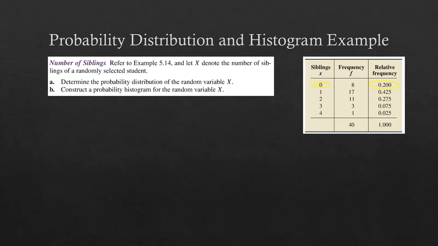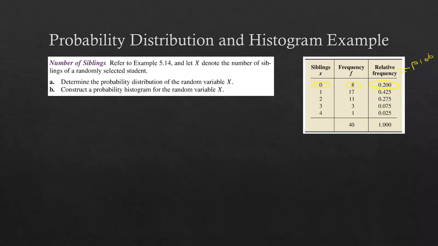Look here, we had 8 outcomes that were 0 divided by the total possible outcomes of 40 gives you 0.200, or 0.2. So this would be our relative frequency, but in the essence of this problem, it's also our probability. So you can equate relative frequency to probability with these particular problems.